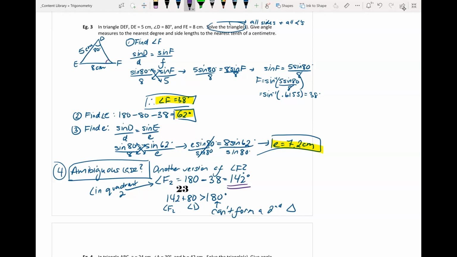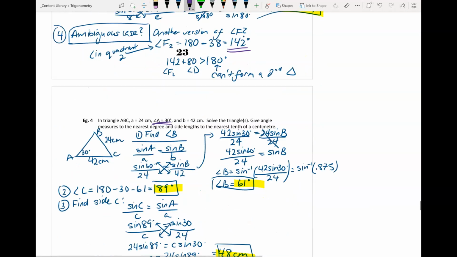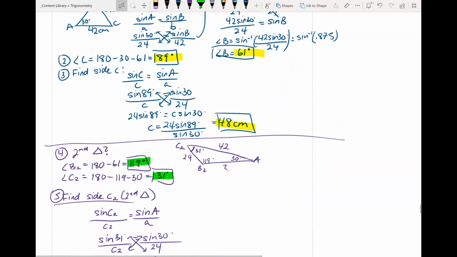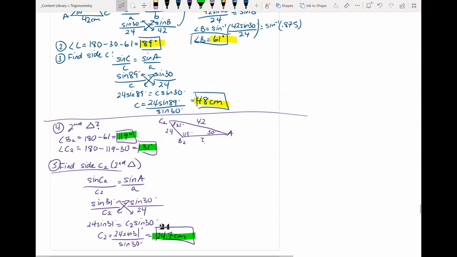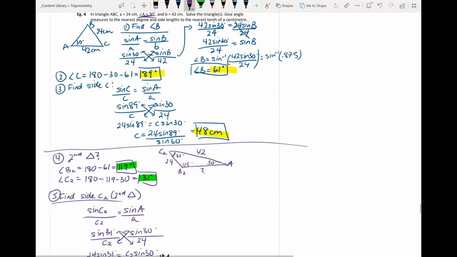That means it's not possible to create a triangle with those specific angles. But in the second example, we found that we can find a second triangle because it was possible to create another triangle using the angles that we have found in conjunction with angle A.